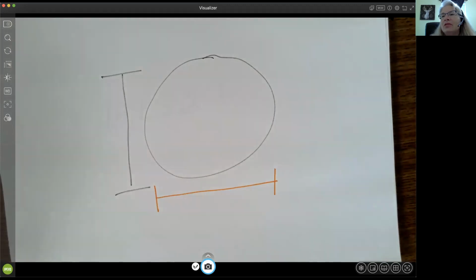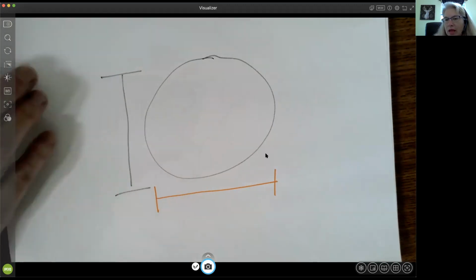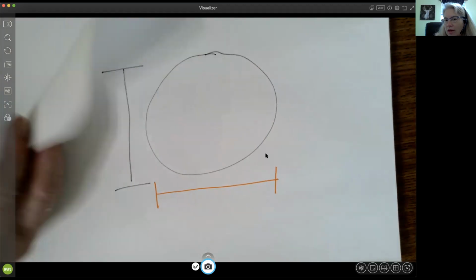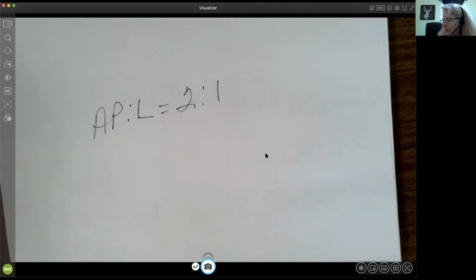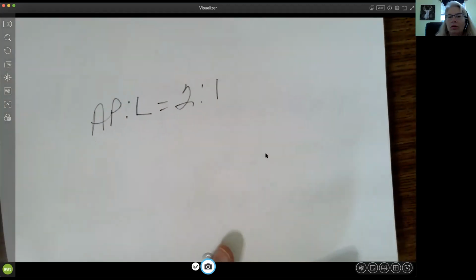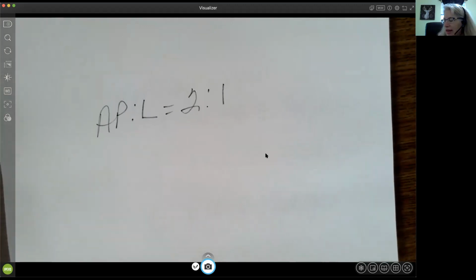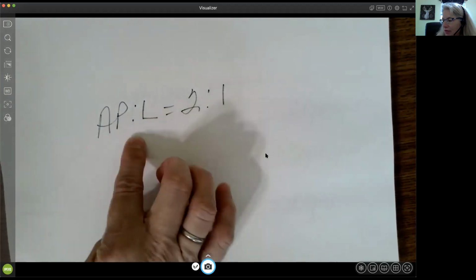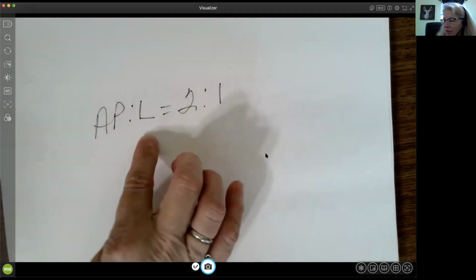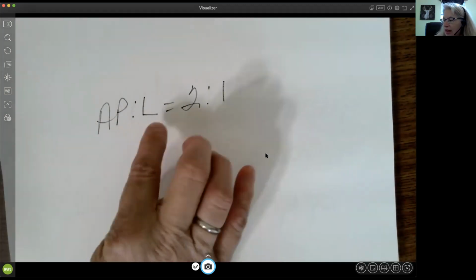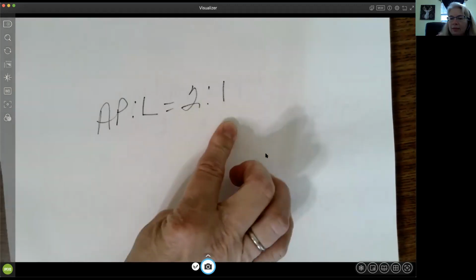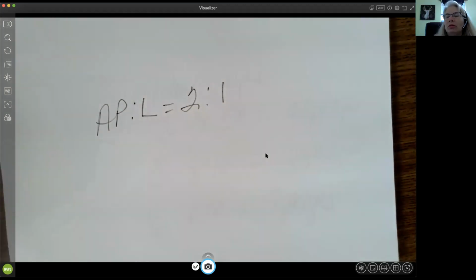And that tells you that that is abnormal. That would be a 1-to-1 ratio. So when you document this, if it's normal, you're going to say that the AP to lateral, so AP:lateral, that's your ratio sign, equals 2 to 1. And that would be your normal.